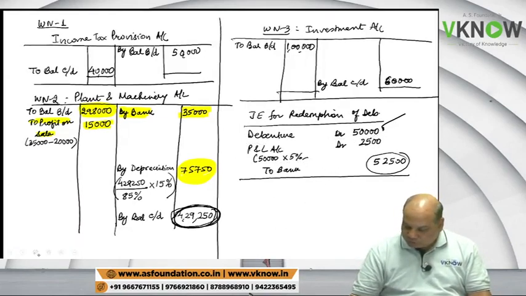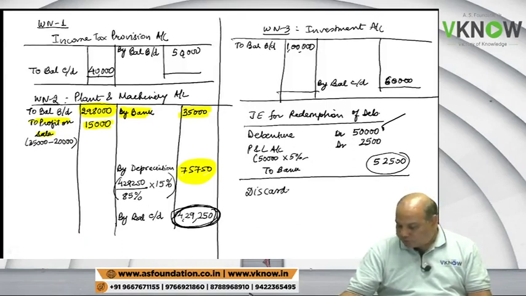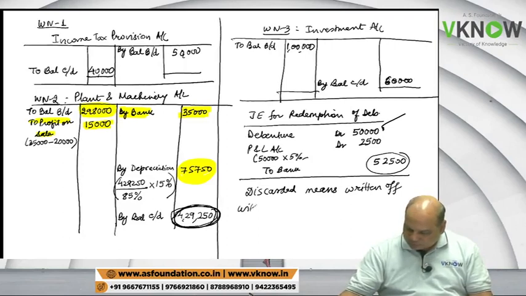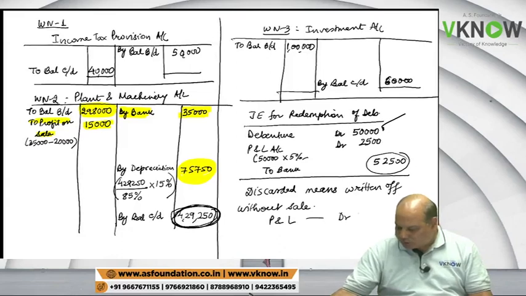So you can write if you want, discarded means written off without sale. So the entry will be P&L account debit 3,000 to plant and machinery account 3,000.